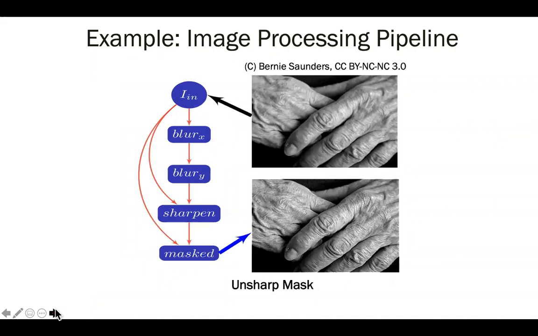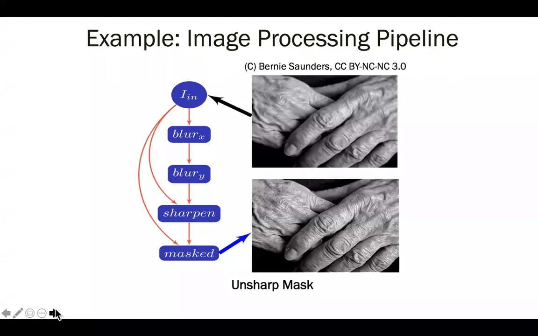The output of blurx is an image, and data is streamed from blurx to blurY. blurY performs again a different kind of stencil operation.